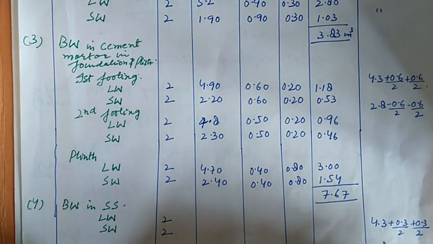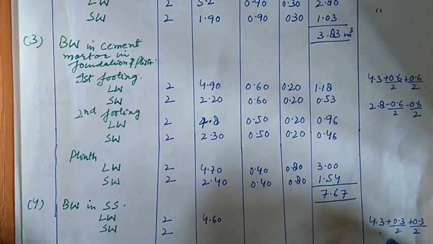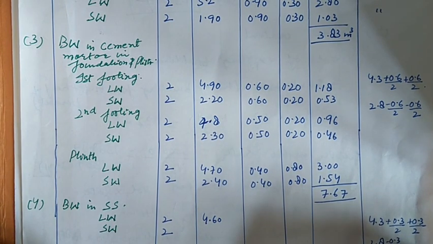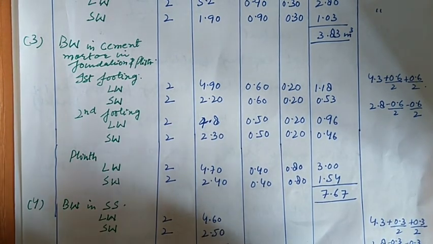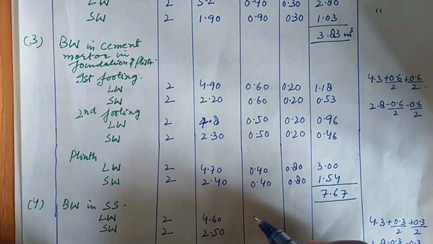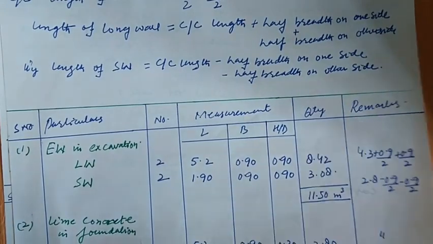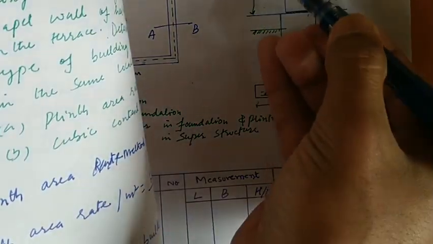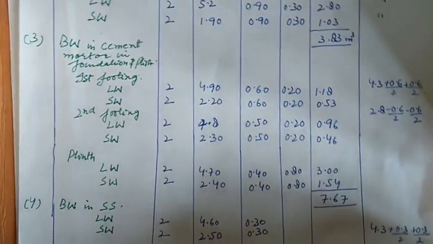Now it will be 4.60. Similarly for the short wall, and the length will be 2.8 minus 0.3 by 2 minus 0.3 by 2, and it will be 2.50, and the breadth will be 0.30, 0.30, and the depth if we see the wall here, this wall is 3 meter high, so the height or the depth, the value there will be 3.